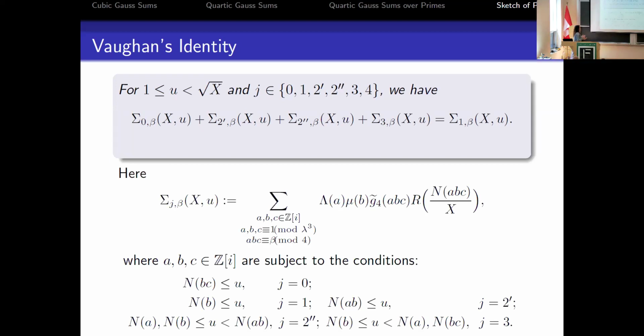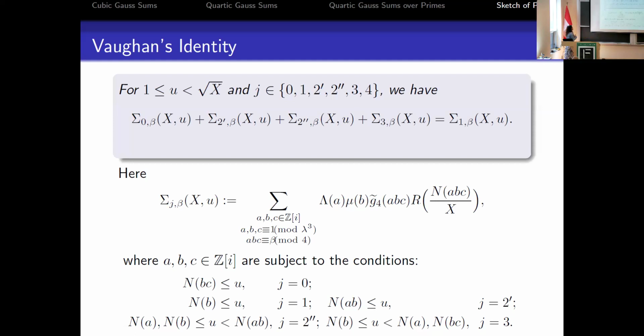So here is the way Vaughan's identity manifests itself in this particular setting. Consider sums of this form right here. Sigma j would be a sum of this form. Remember, R is our smoothing function, supported on [1, 2]. So really here you're summing over elements A, B, C such that the norm of ABC is between x and 2x.